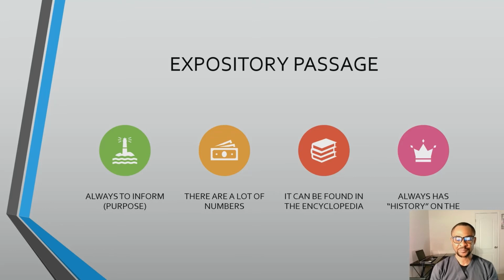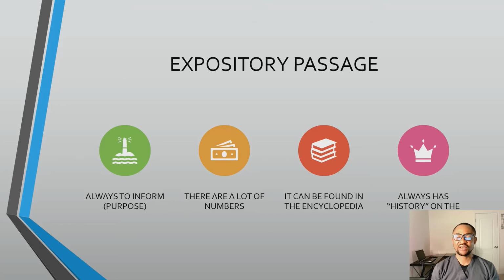Another thing is that in an expository passage, there are a lot of numbers. When you see a lot of numbers in a passage, that shows you that it's an expository passage too. It can be found in the encyclopedia. Most expository passages that ATI will give you on the TEAS test, they always extract them from the encyclopedia.